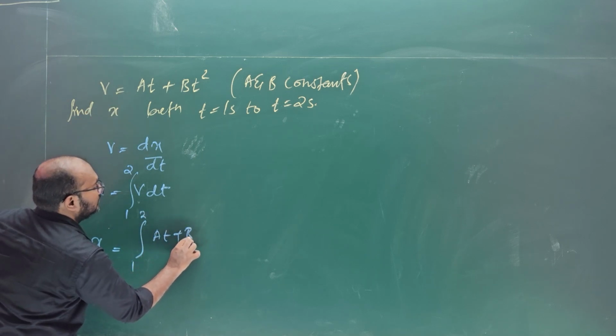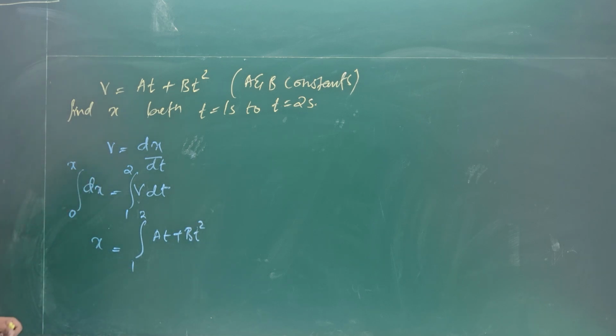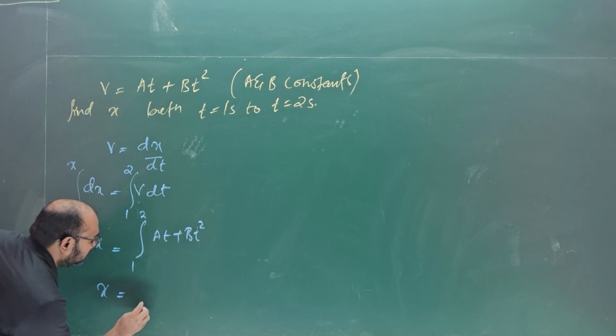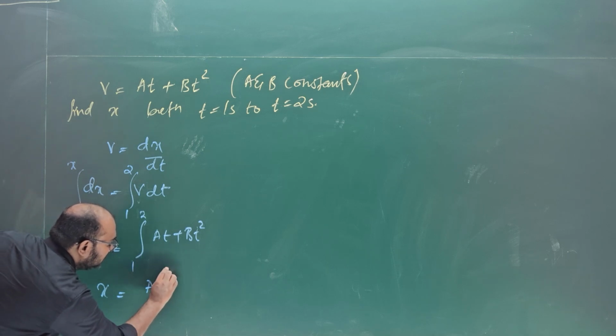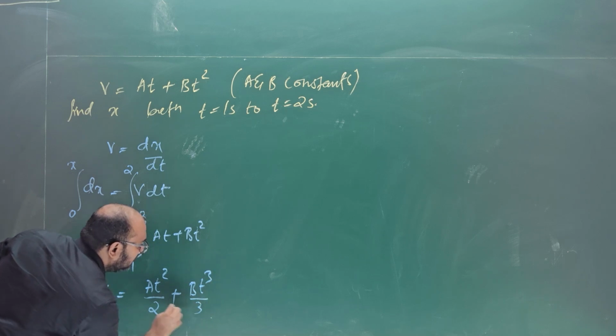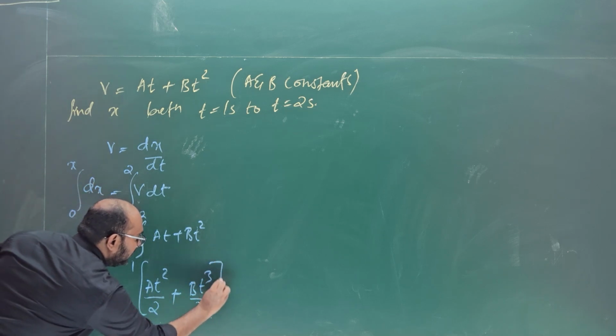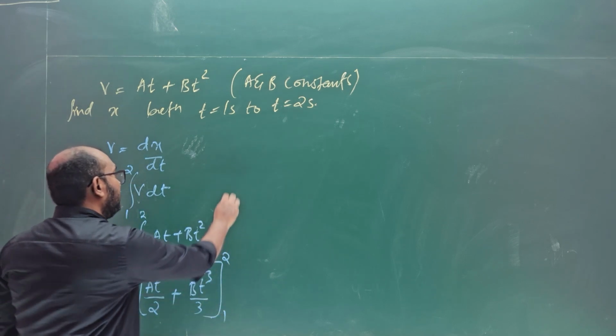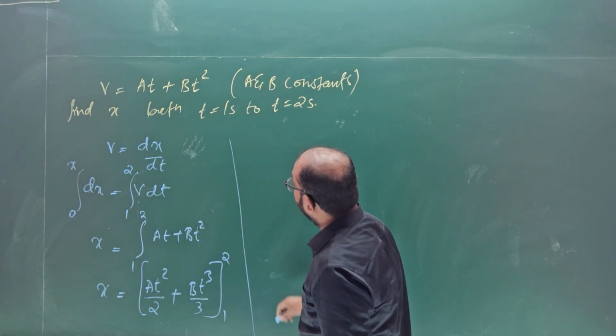AT plus BT square. Okay, now integrate this. X is equal to A as it is, this becomes t square upon 2, plus b, t cube upon 3. And apply the limits. Upper limit is 2, lower limit is 1.